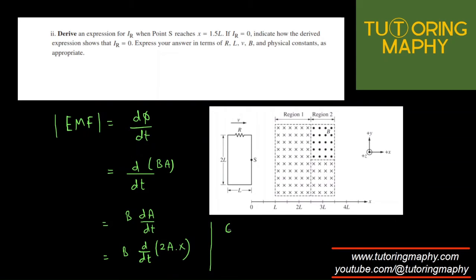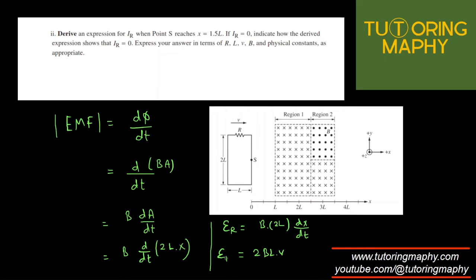So the induced EMF, let's call it E induced, is equal to B times 2A comes out. Sorry, why is this 2A? This should be 2L, right? Okay, this should be 2L. And I need to correct here as well, 2L. And then I'm left with dx over dt. And what is dx over dt? Isn't that velocity? That's just v.